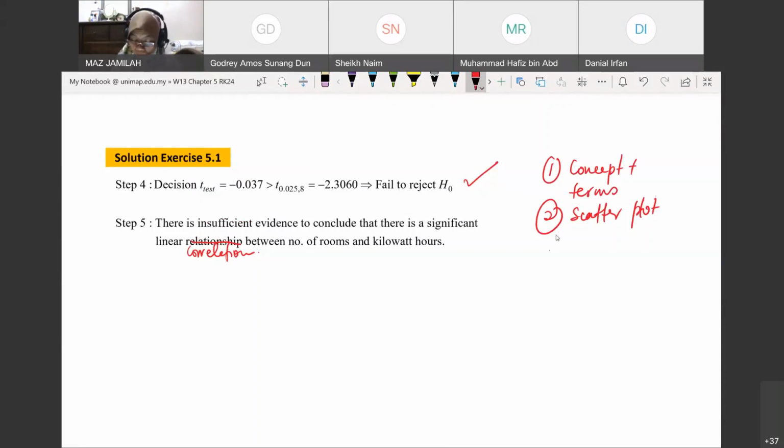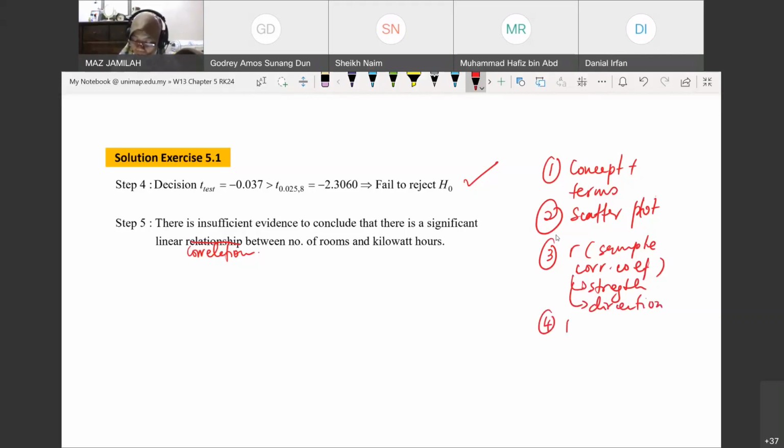Third, you are using your R, that will be sample correlation coefficient, and your sample correlation coefficient shows the strength and the direction of your correlation between x and y.